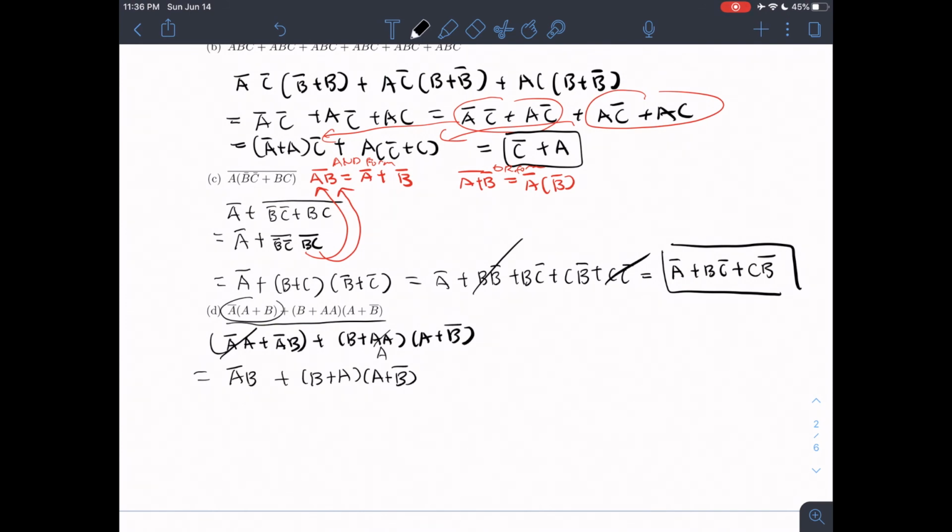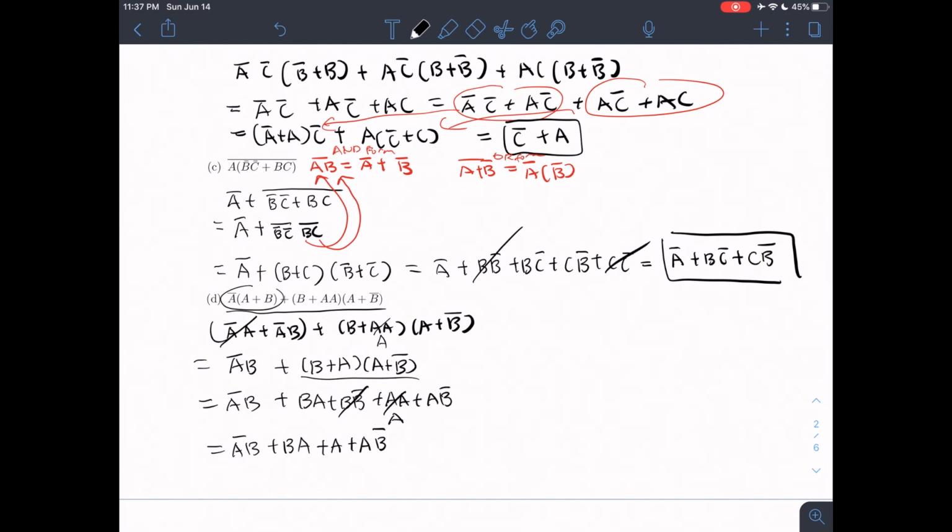Next, we're going to multiply out this expression. So this is going to be equal to not AB plus BA plus B not B plus AA plus A not B. This is going to be equal to A. This is going to be equal to 0. So we're left with not AB plus BA plus A plus A not B. Then let's combine these two together.